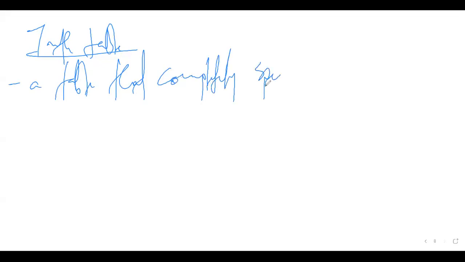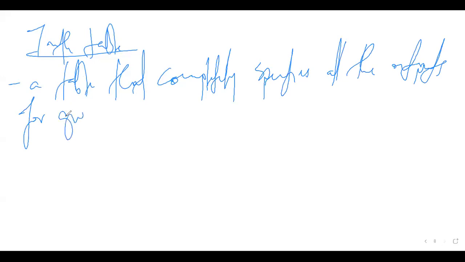Truth table: a table that completely specifies all the outputs for given input combinations.